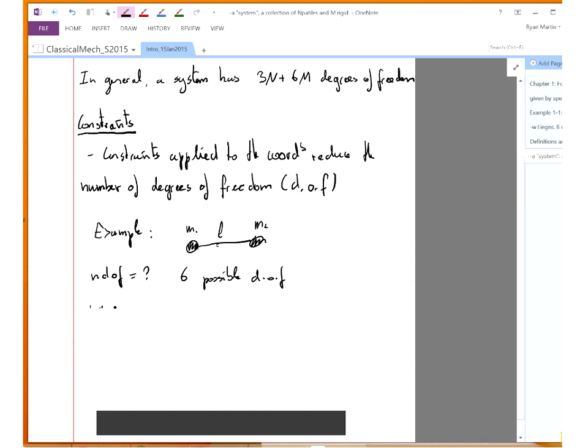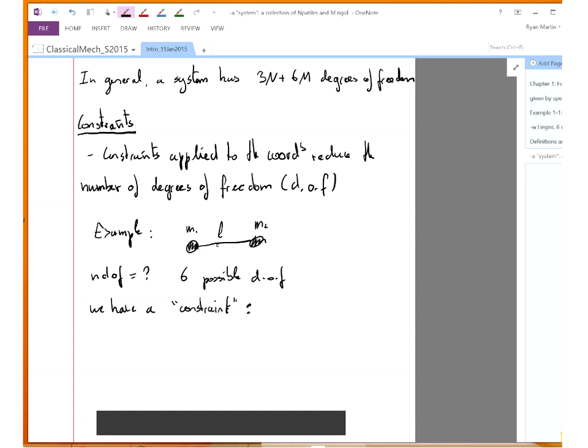But we also have a constraint. We can write this constraint as what we call a constraint equation. There's a constraint between the coordinates.